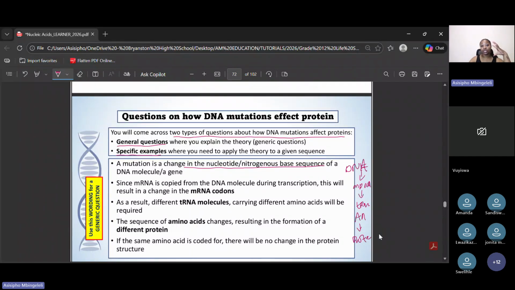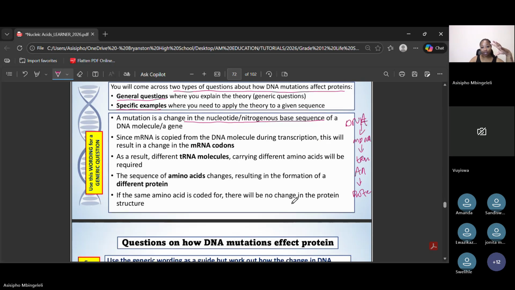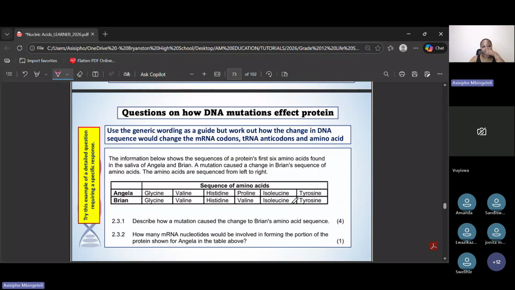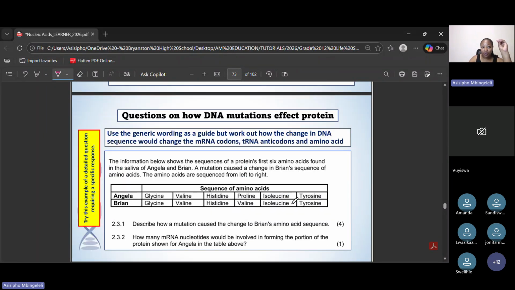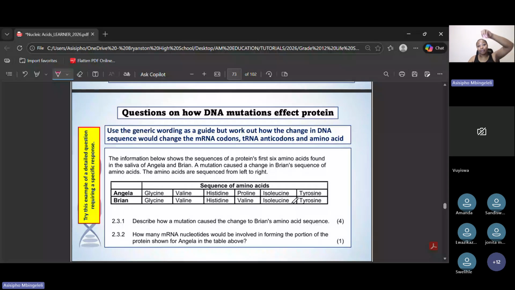That is the generic answer. Now, you need to use the generic words, exactly what I've written here, in order to use this example and apply that generic statement.